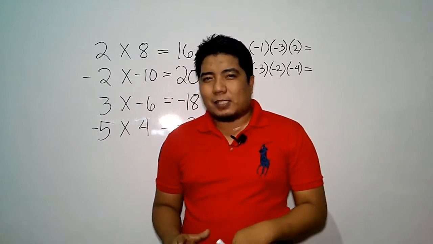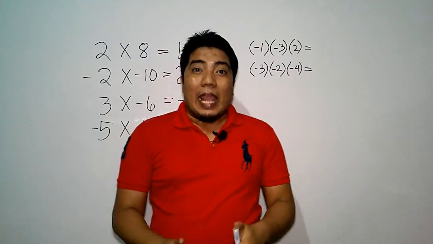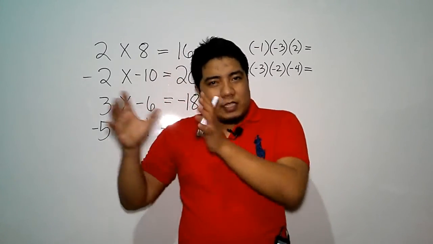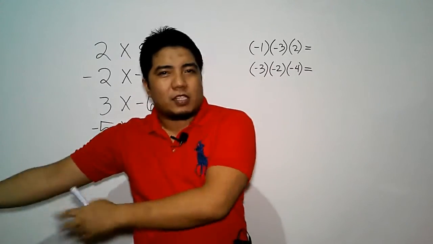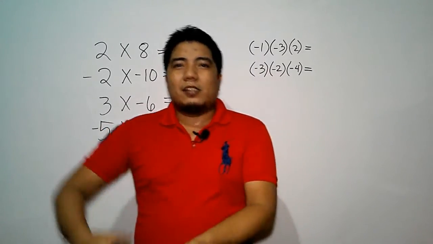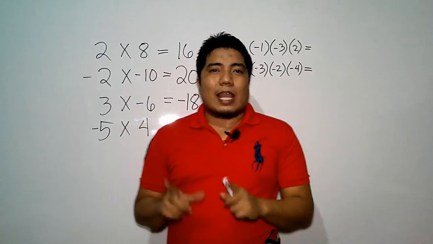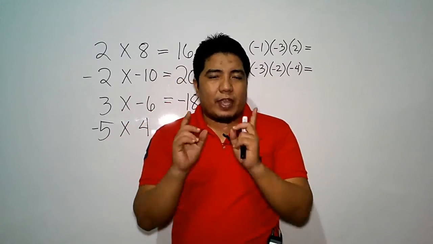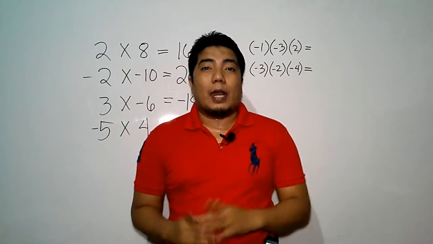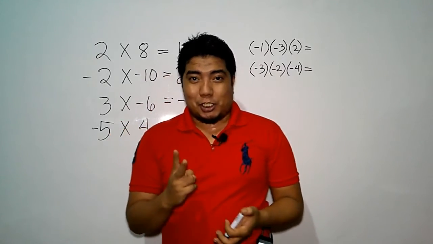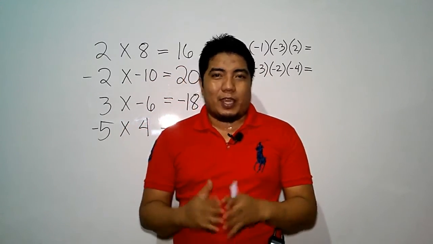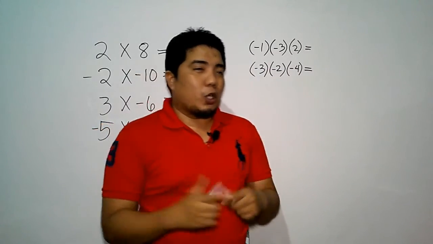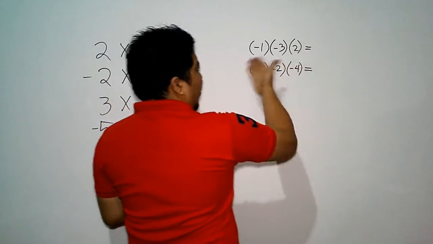But remember this, my dear math learners, this rule, both positives or both negatives become positive, unlike sign becomes negative, can only happen if and only if we are talking about two integers. Meaning, we are multiplying 2 at a time. Okay? We are multiplying 2 at a time. So, as you can see here, what do you think is the answer here?